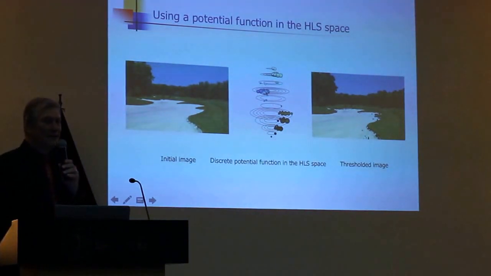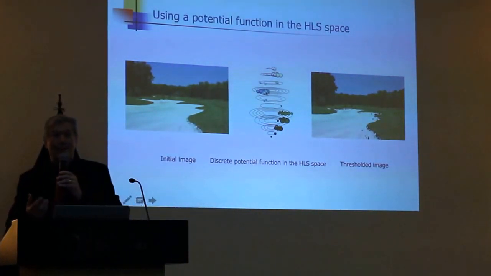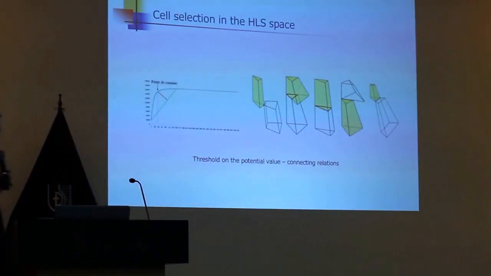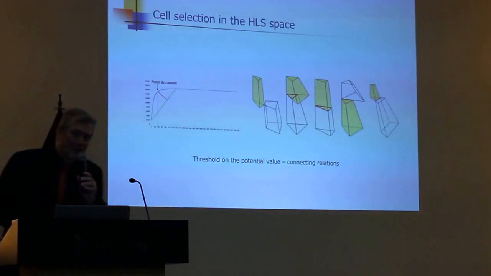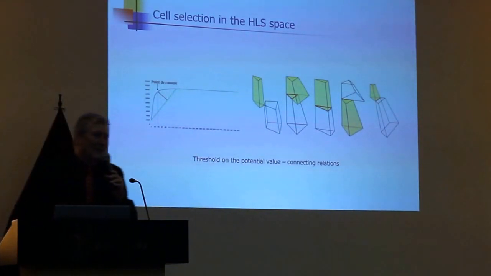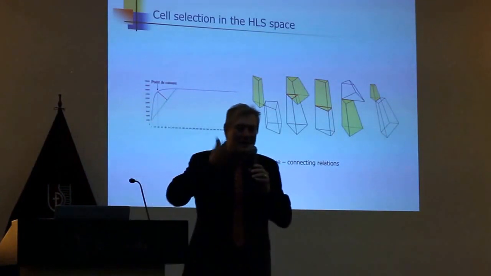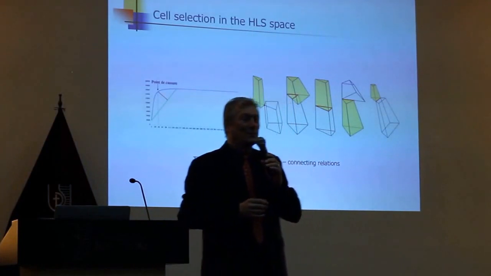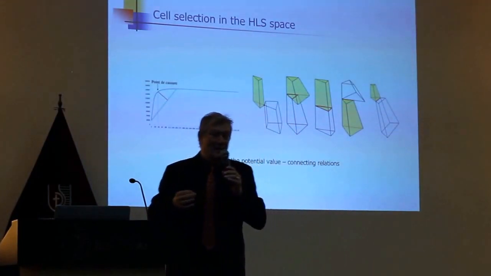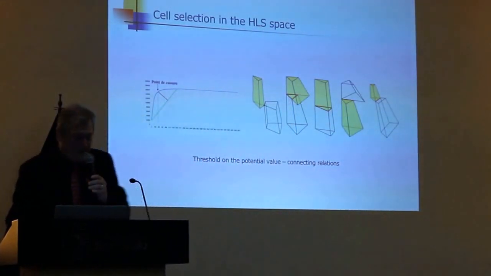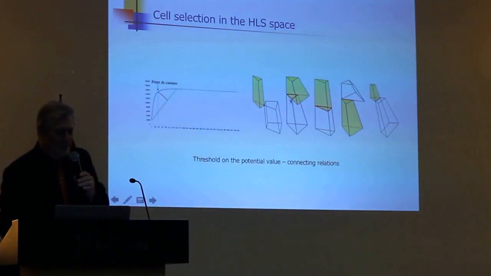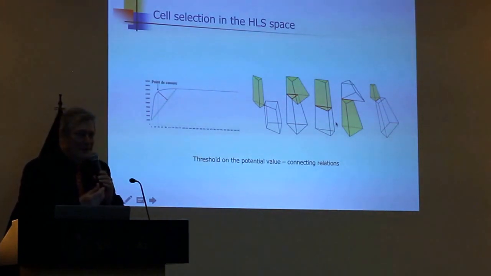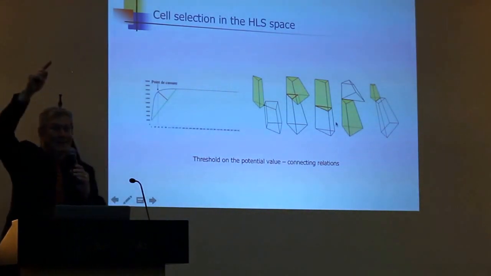So, by using the connected components, and these are the relations of connectivity, because you remember that it is not something obvious as, for example, splitting a square or a cube in regular parts. In this case, there is something a bit complex in the digital representation of the HLS space. So, by using this rule of connectivity, we can connect all those points that could go, for example, from the white to the black.